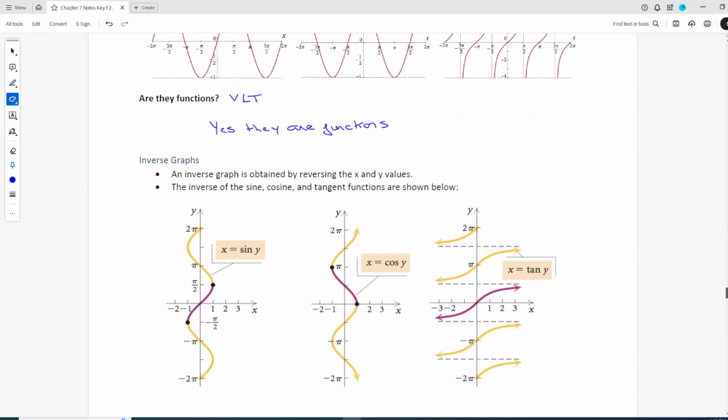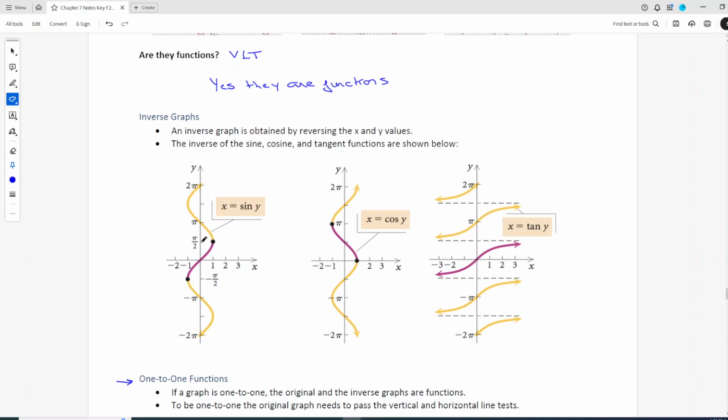If I look at this graph, and instead of plugging in pi by 2, I have to plug in something like y is a half, there's an answer here, here, here, and here. Because these inverse graphs are not functions, our calculator would blow its brains. It would explode because it would be like, how many answers do I give you? There's an infinite number of answers.